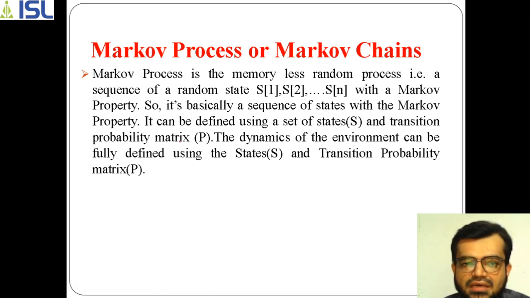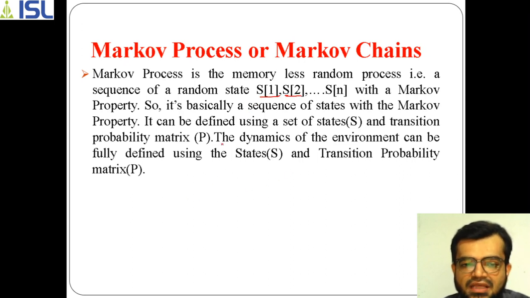That is why you can call the Markov process a memoryless random process. Memoryless because it doesn't store the previous record, it concentrates only on the current state to move from the current state to the next state. And it is a random process because the communication happens based on random states.